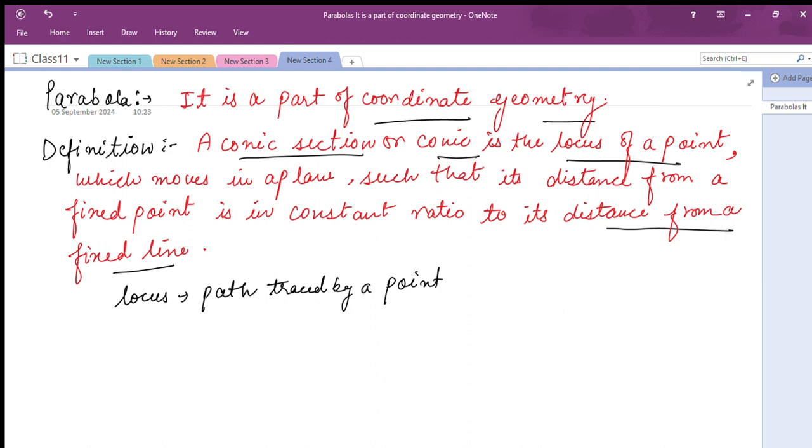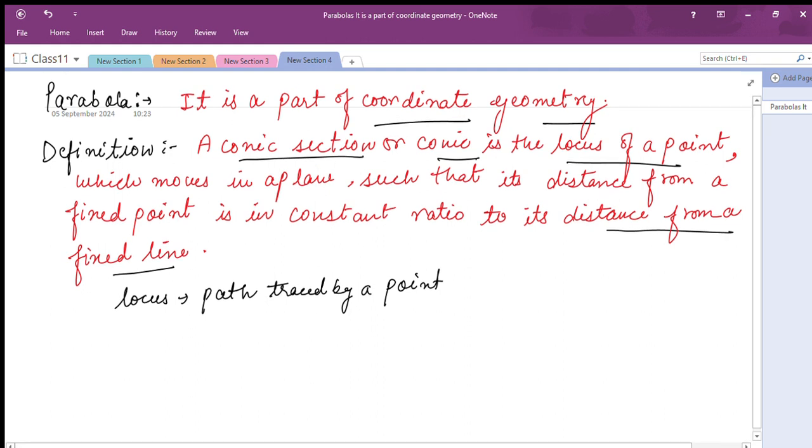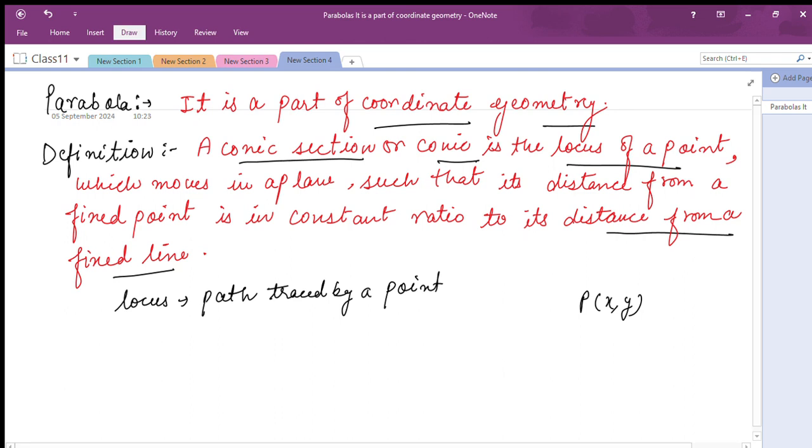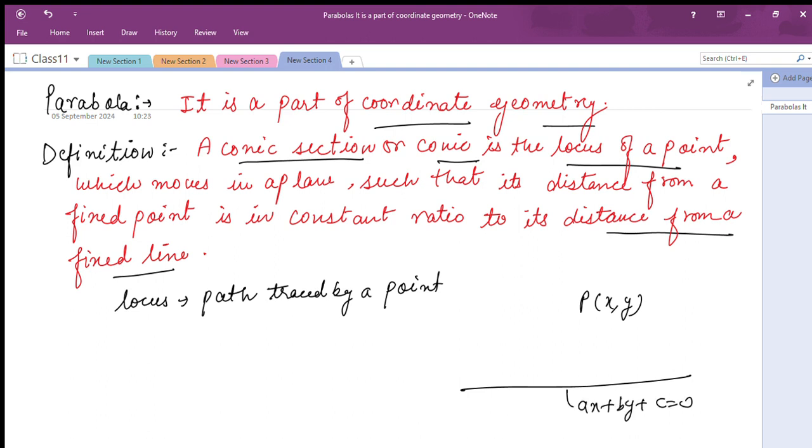Suppose this is a moving point P, and its coordinate is x comma y, and this is the straight line ax plus by plus c equal to 0.